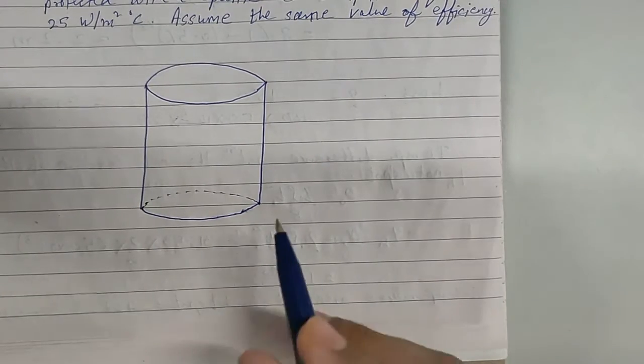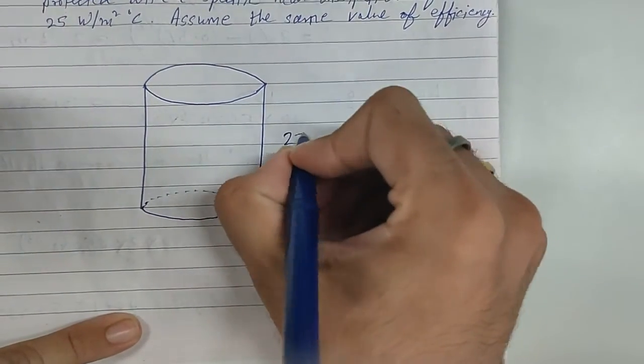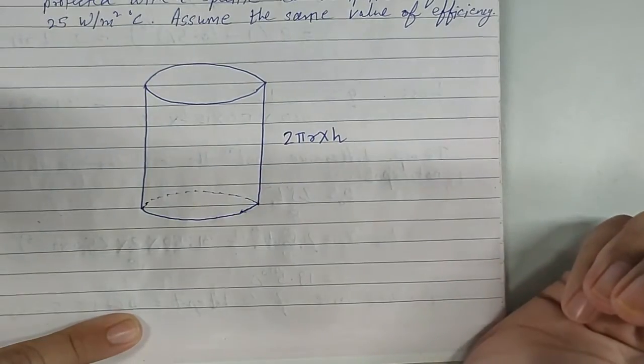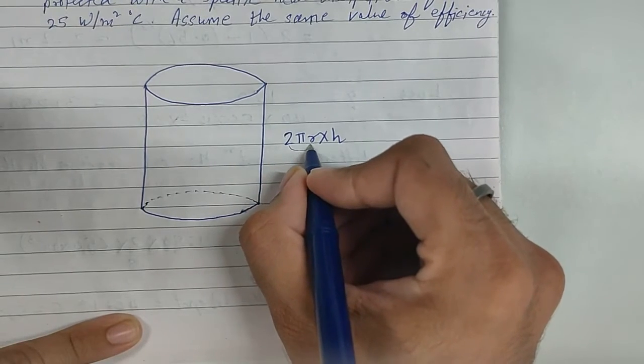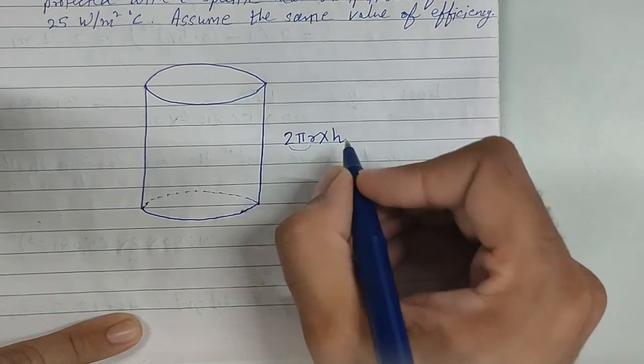Now, as we know, the curved surface can be calculated as 2 pi r into h for a cylinder. In this case I am merging 2 into r, and h can be taken as the length of the machine.